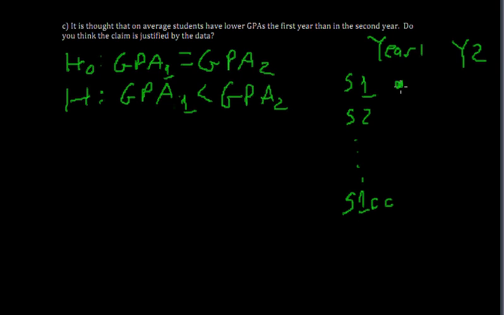This depends on this. This depends on this, and so on. But the individual students we're assuming don't have any effect on each other. So I don't have two independent samples. That's why I want to use a paired test.